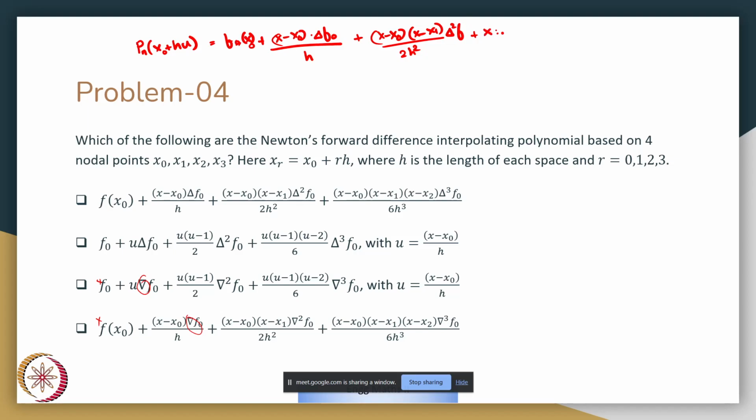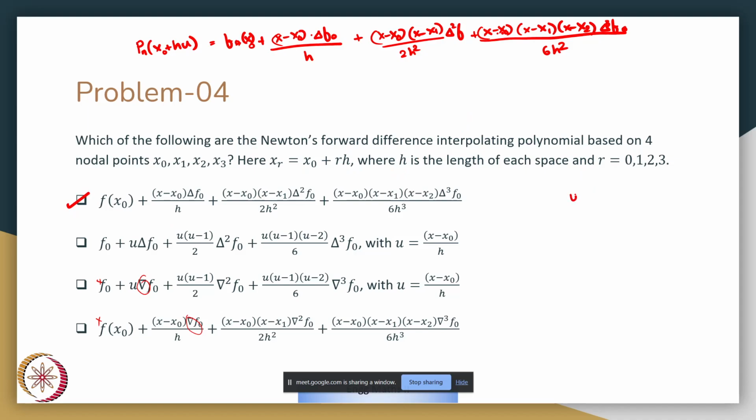If we take the third term, it is (x minus x naught)(x minus x1)(x minus x2) times third forward difference about f naught, over 3 factorial, which is 6 h cube. So this matches up with our first option.